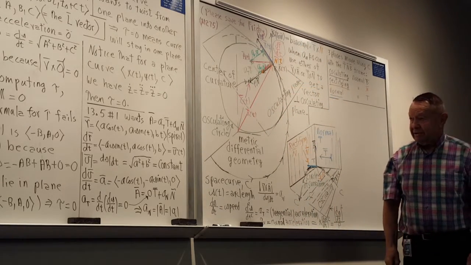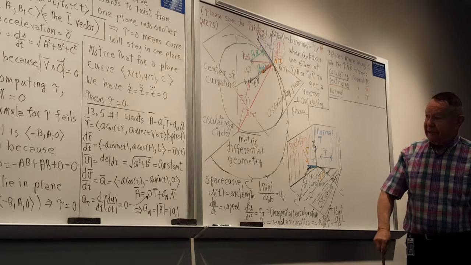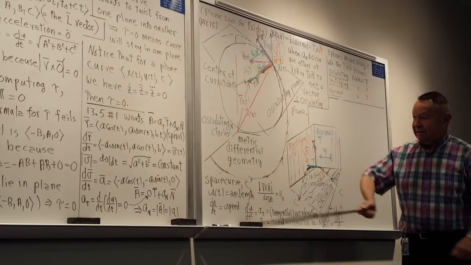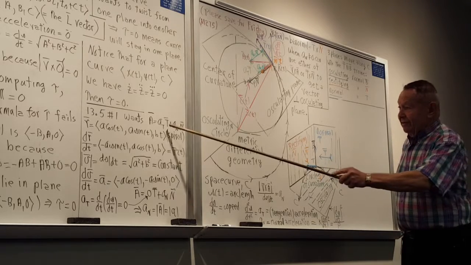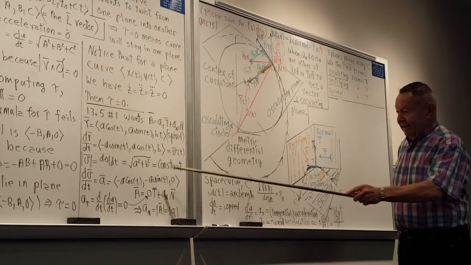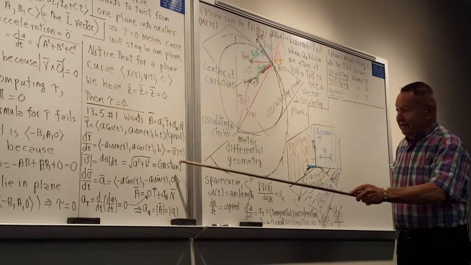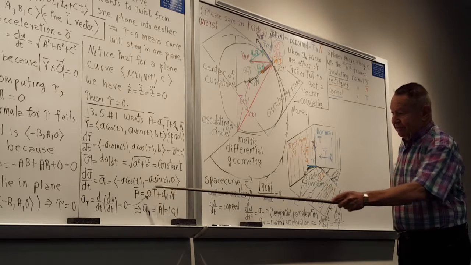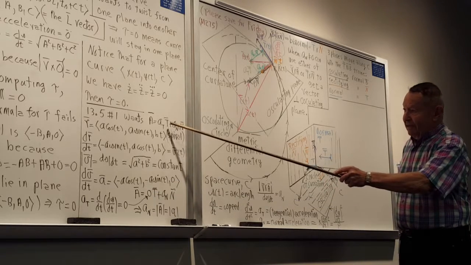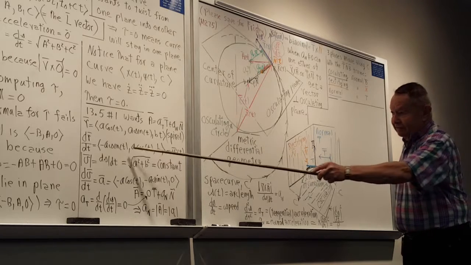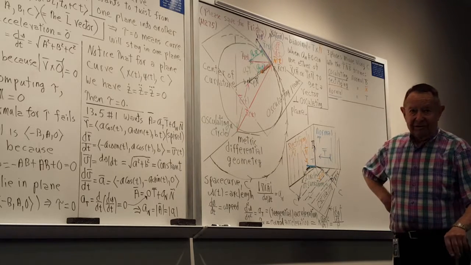See, what they wanted you to do, if you read the directions for this problem, is to find the a sub t and the a sub n and write the corresponding formula for the acceleration without actually finding t and n themselves by our formulas.